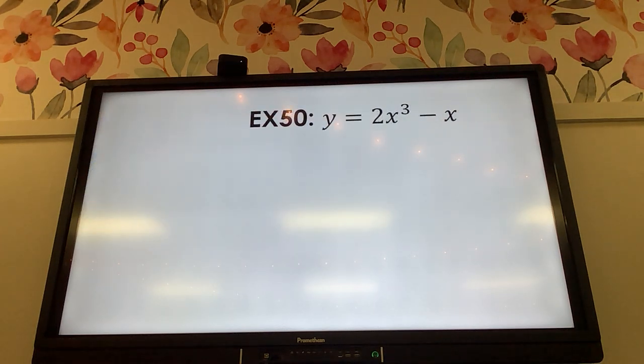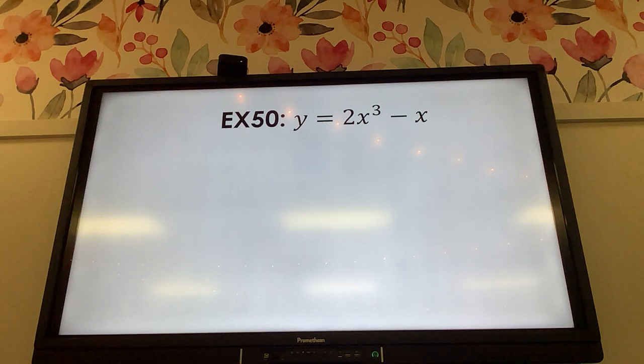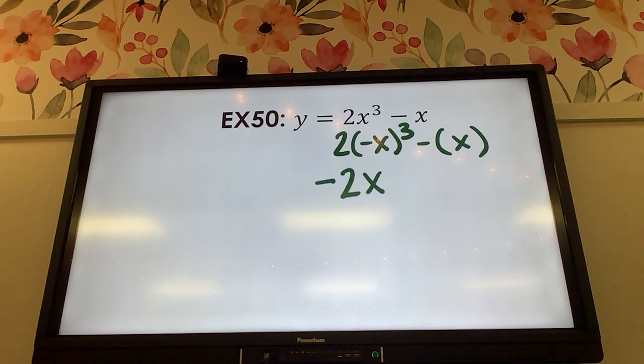Let's go over here to this last one. I'm going to plug in negative x. What is negative x cubed going to turn into? Negative x cubed. I'm going to stick that negative in front of the 2 so it doesn't look like 2 minus. And then negative times x is going to just be negative x. Would that be negative x?